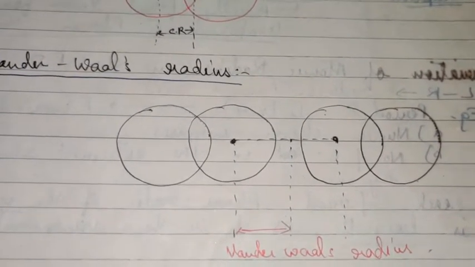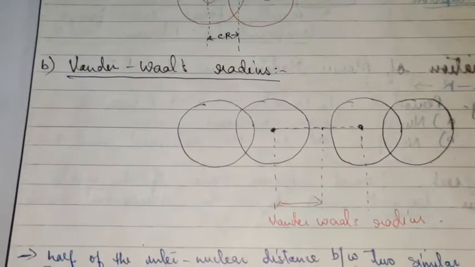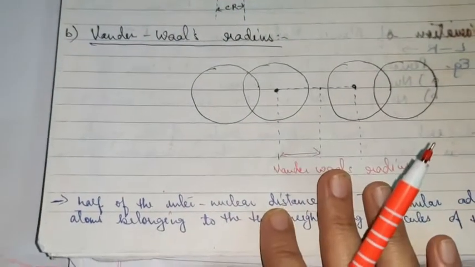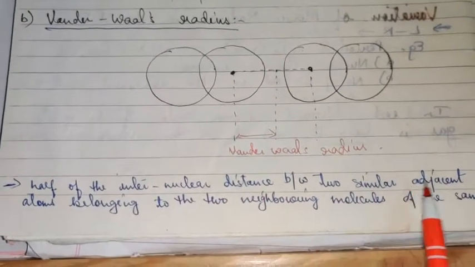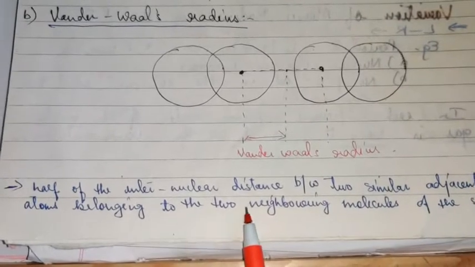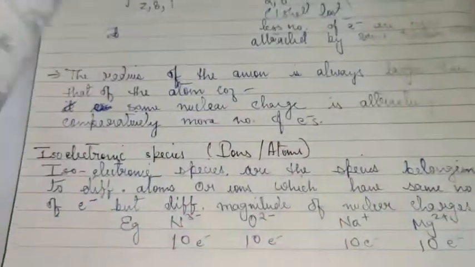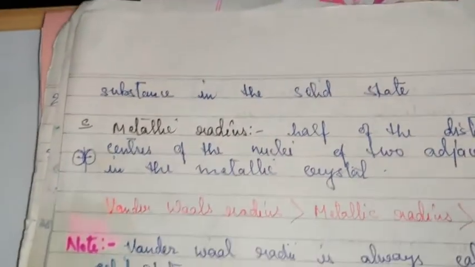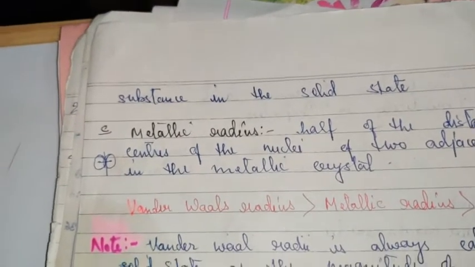So children, when you are finding out the radius, it is very important for you to know the meaning of the type of bond. Then only you will be able to find it out with the help of the diagram. So half of the internuclear distance between two similar adjacent atoms belonging to the two neighboring molecules of the same type or the same substance in the solid state is termed as van der Waals radius. Okay, so I hope it is clear.